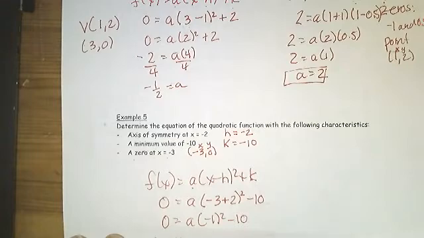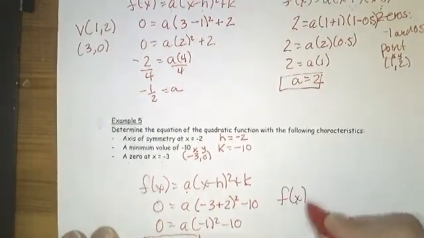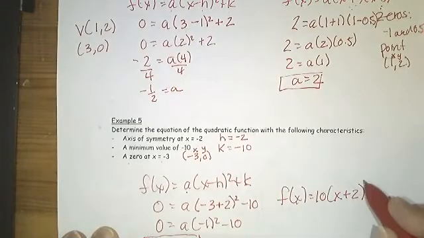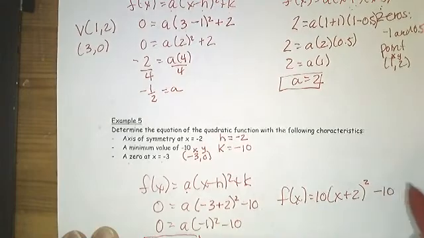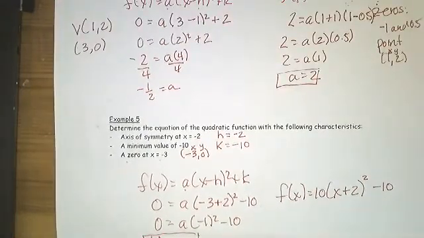We'll bring our 10 to the other side, and we'll make that positive. -1 squared is just 1. So we get an a value of 10. So then we can write our equation. F of x is equal to a(x + 2)^2 - 10 with a = 10. Our h value, remember, was -2, so that'll show up as a +2 inside the bracket, and that is our equation for that quadratic function with those characteristics.